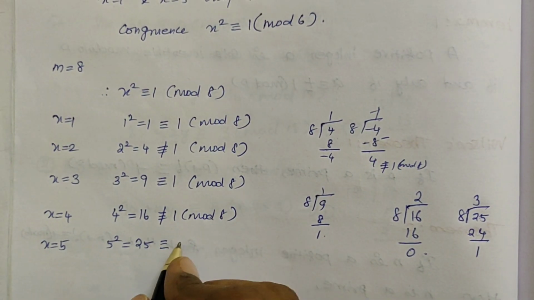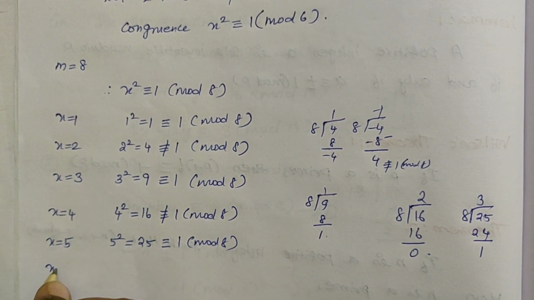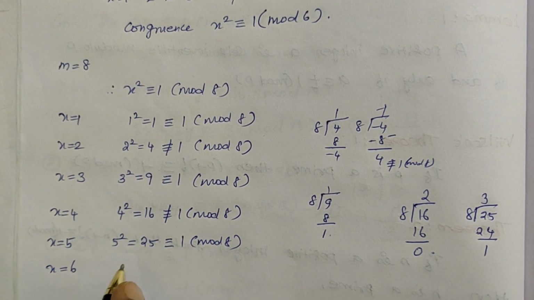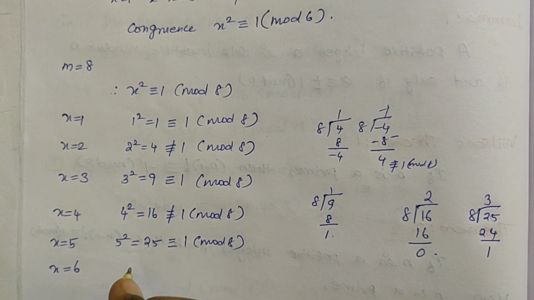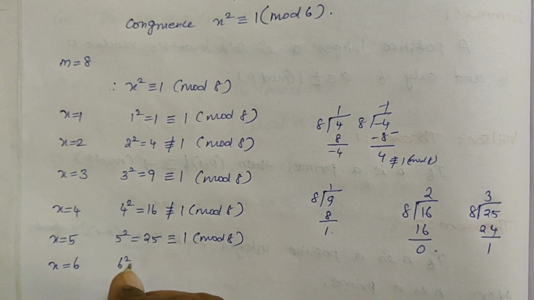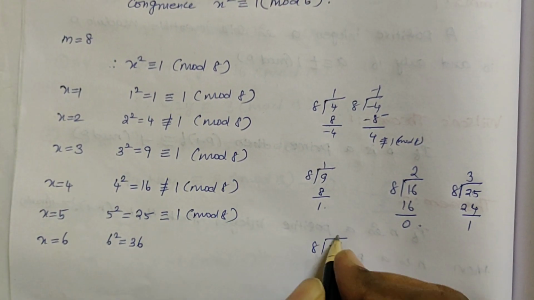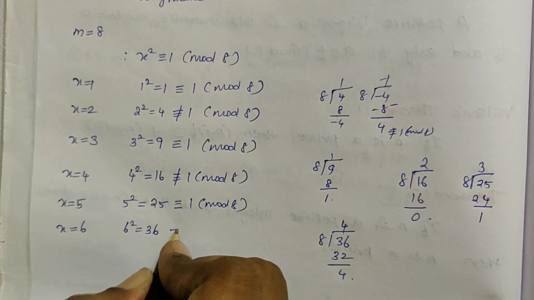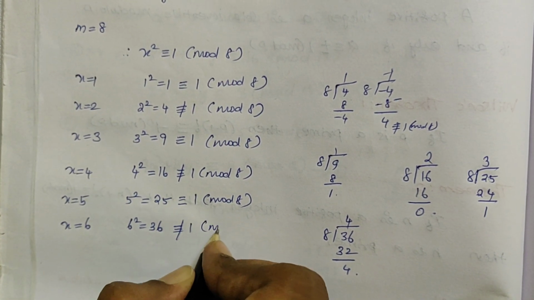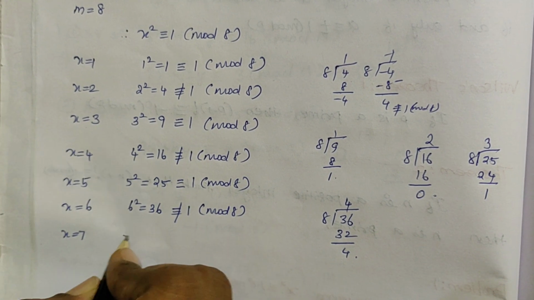So 25 is congruent to 1 mod 8. Next, let us see for x equal to 6. 6 squared is equal to 36. When you divide 36 by 8, you will get the remainder 4, which is not congruent to 1 mod 8.